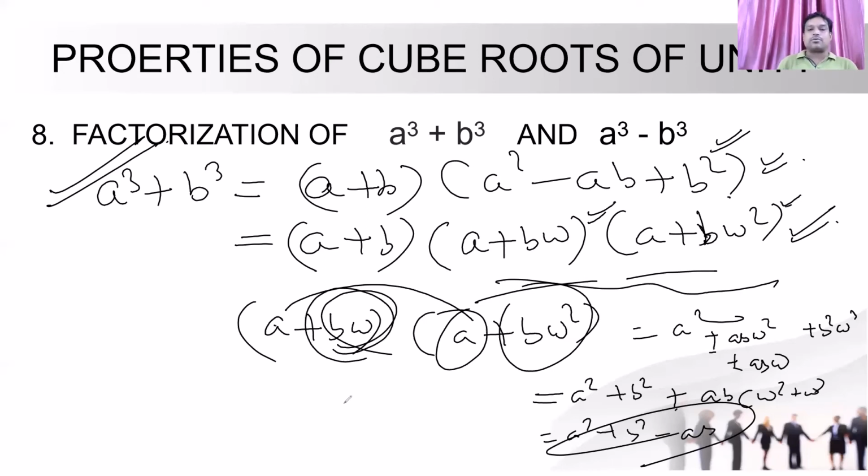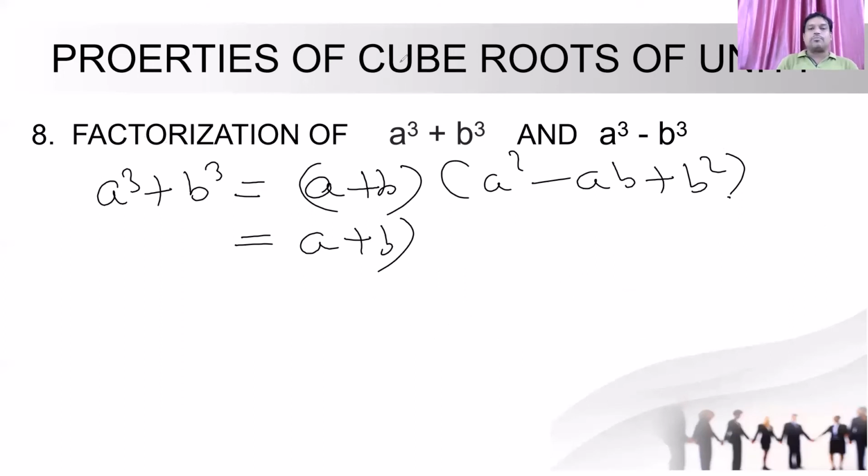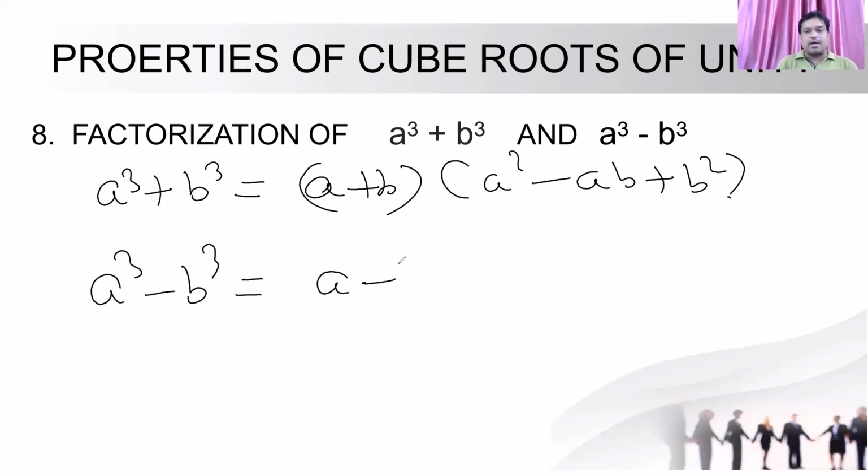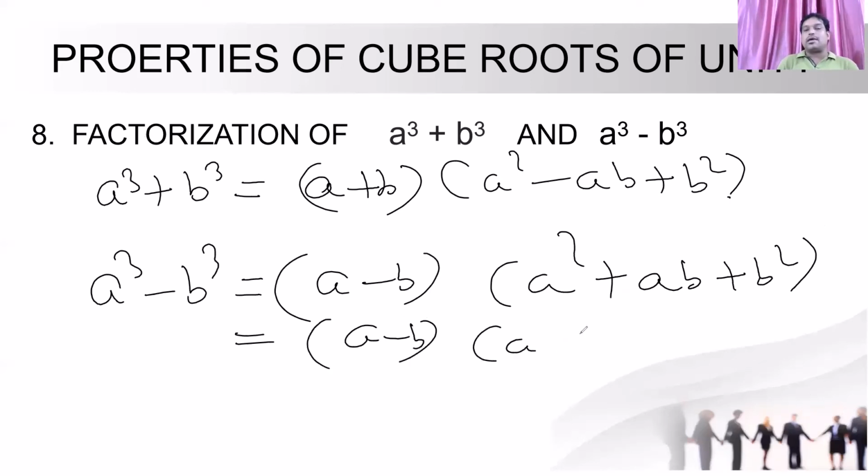Now what is the factorization of a cube minus b cube? We discussed it. A cube minus b cube can be written as a minus b into a square plus ab plus b square. We know this formula. So a minus b into a minus b omega into a minus b omega square.